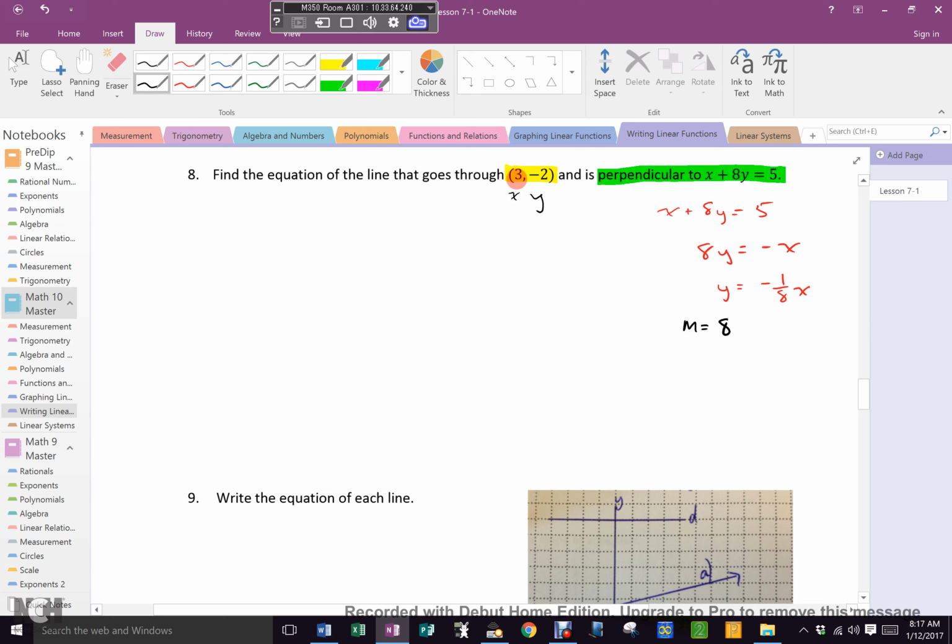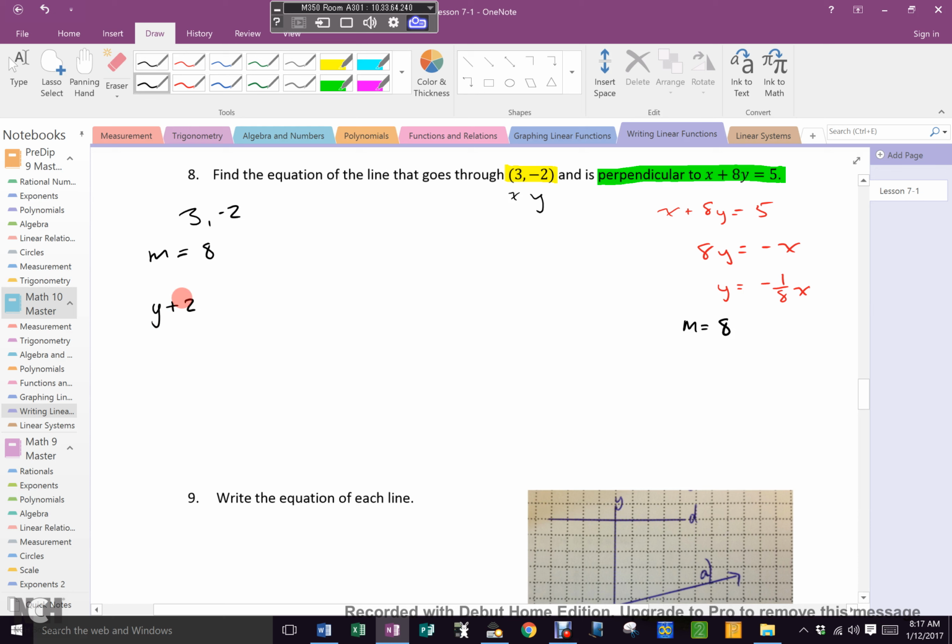So now I have a point, I have an x and a y, 3, negative 2, and I have a slope of 8. What is the best form to use when I have a point and a slope? Point-slope form. Y minus y. What's y? Right, it's negative 2 here, but it becomes positive 2 in our equation.